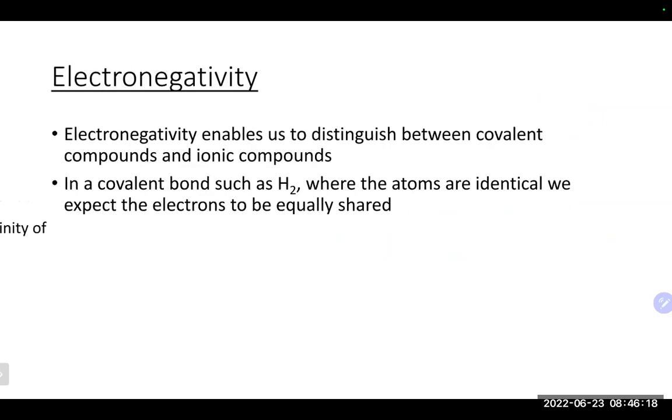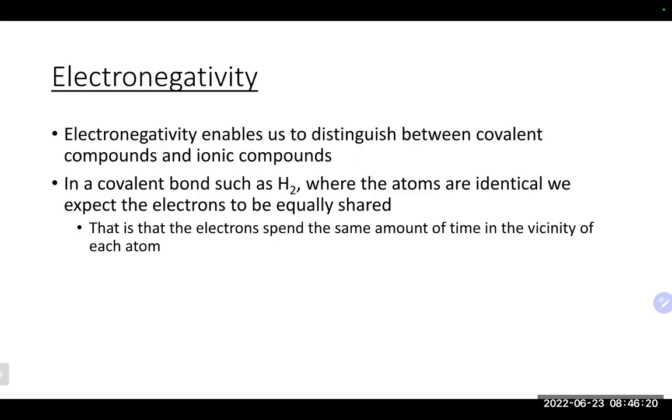So electronegativity enables us to distinguish what happens when we have covalent bonding, when two atoms come together, and how they're going to share the electrons. If we had something like the hydrogen that we saw before, those electrons in the middle are going to be shared by each hydrogen pretty much equally.